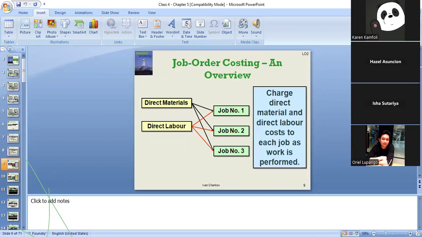And the next thing the customer is going to ask you is, how much is it going to cost me? Once the customer asks, you have to tell them the price right away, correct? But that price has to cover all the costs: cost for material, cost for labor, cost for manufacturing overhead.